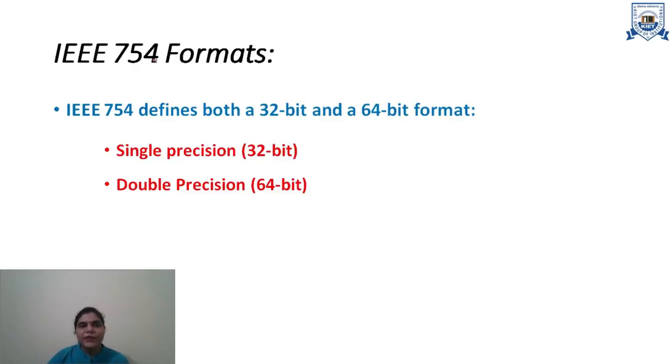IEEE 754 format. For representing floating point numbers, IEEE provided a standard for representing floating point numbers. IEEE 754 defines both a 32-bit long representation or a 64-bit long representation. 32-bit representation is called single precision and 64-bit representation is called double precision.